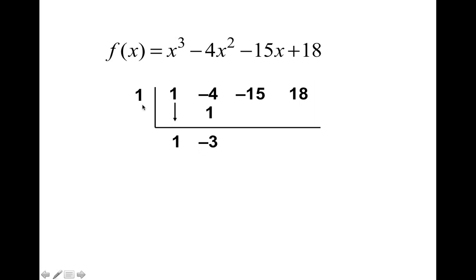Multiply and add, so 1 times negative 3 is negative 3. Add these, we get negative 18. Multiply 1 times negative 18 is negative 18. Then add these, and we get 0. Remember, we should always get 0 since we're dividing by a number we know is a factor.